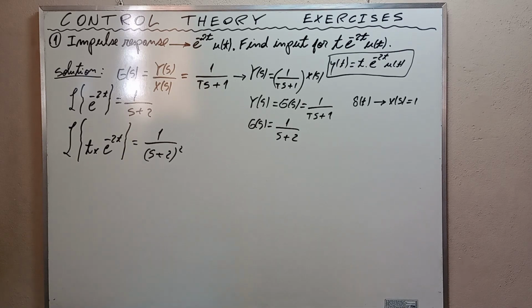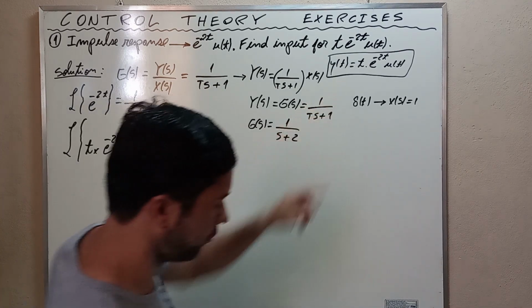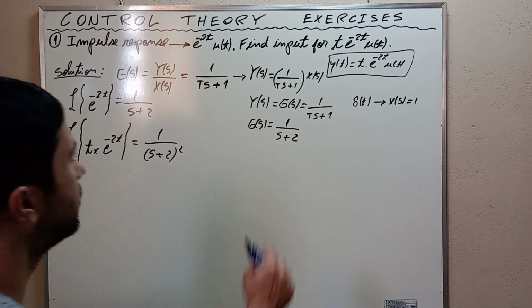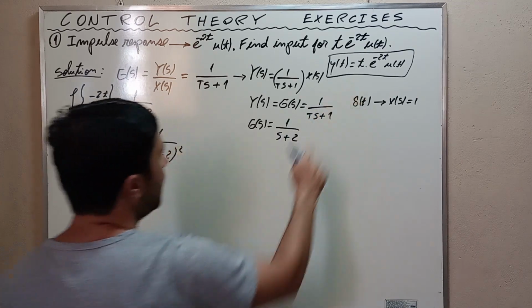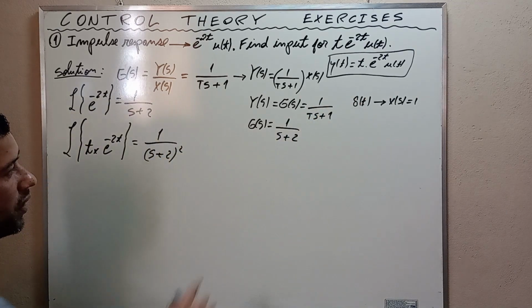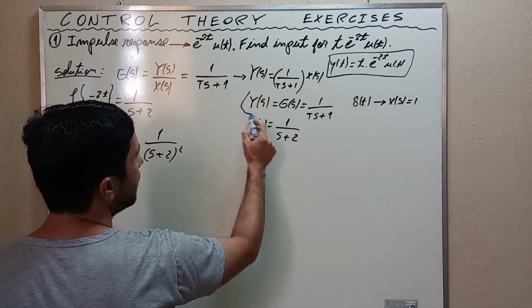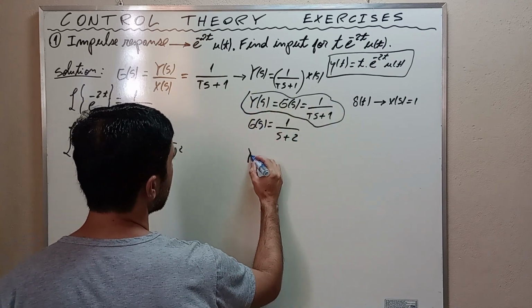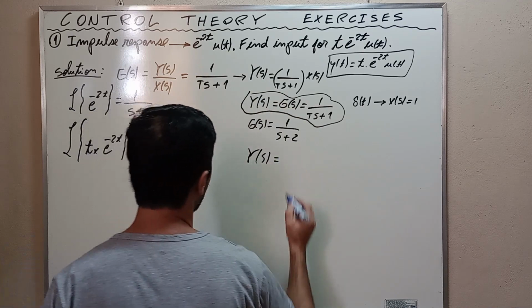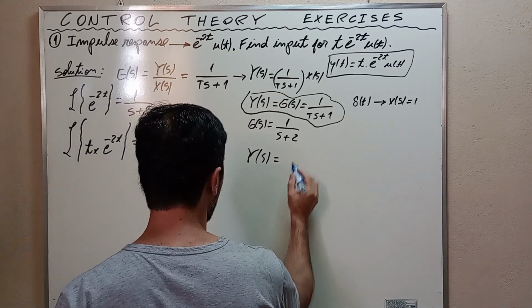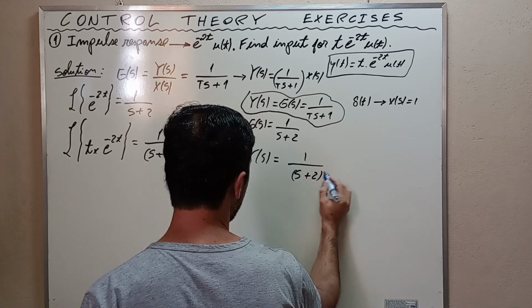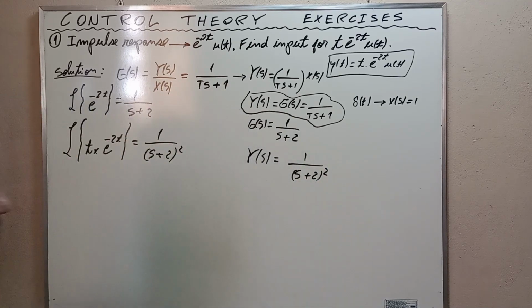If we wish this as a response, then based on this realization that we had, y of s is equal to 1 over s plus 2 squared.